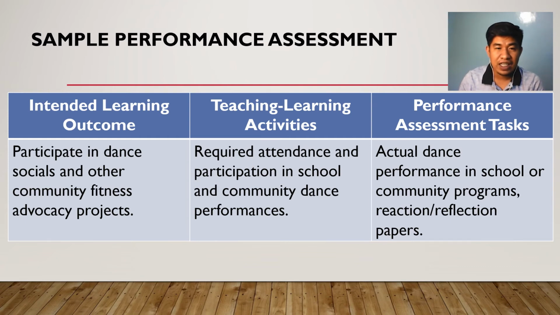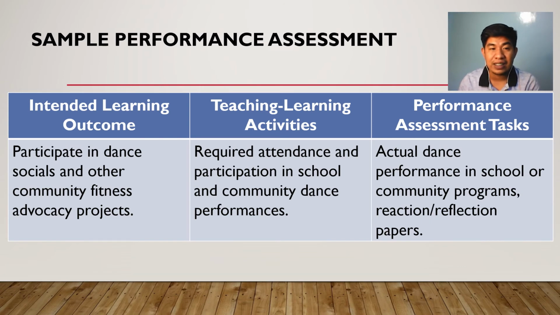So, its corresponding teaching learning activity is required attendance and participation in school and community dance performances. Meaning to say, the teacher's planned activity is for the students to really attend or participate in a particular school or community dance performance.